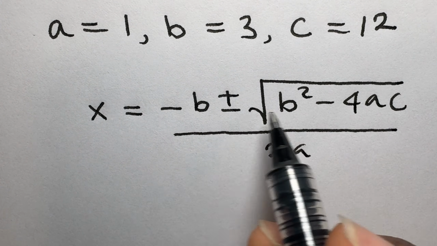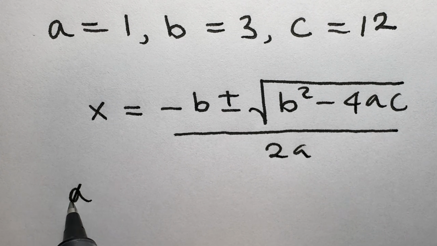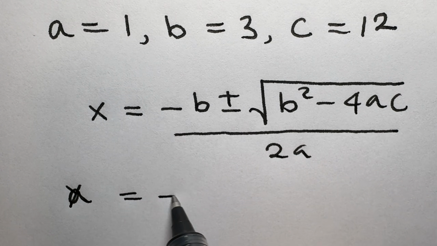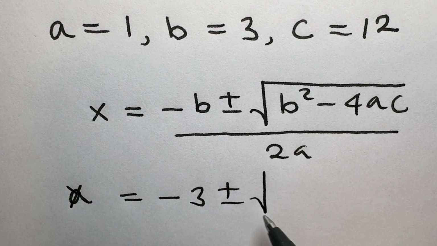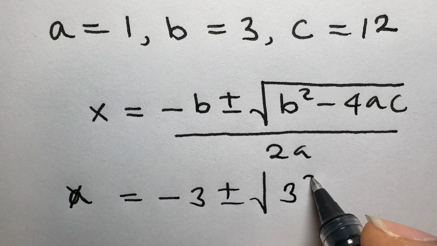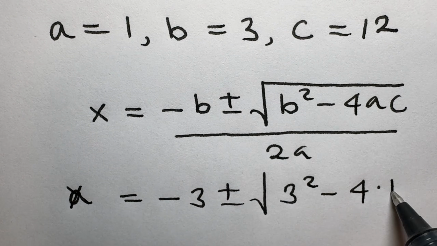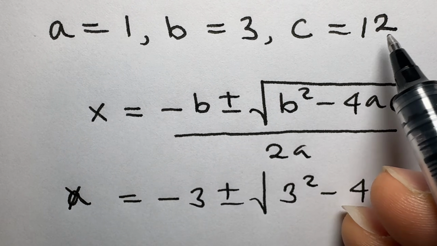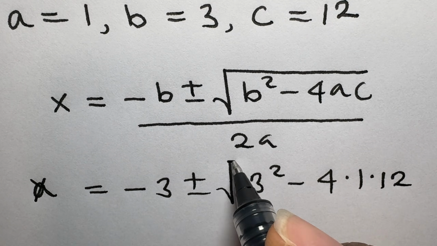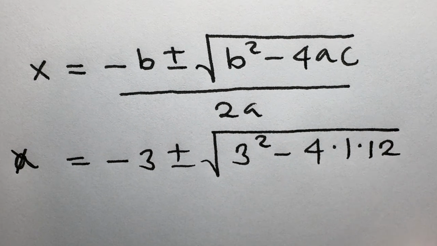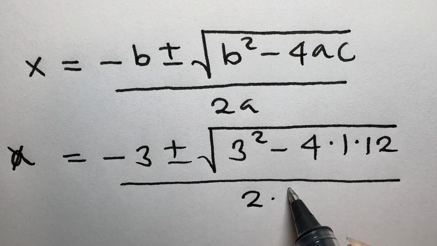Let's substitute these values into this equation. This will give us x is equal to minus b, which is 3, plus or minus the square root of b squared, which is 3 squared, minus 4 times, then times c, which is 12. Then divided by 2 times a is 1.